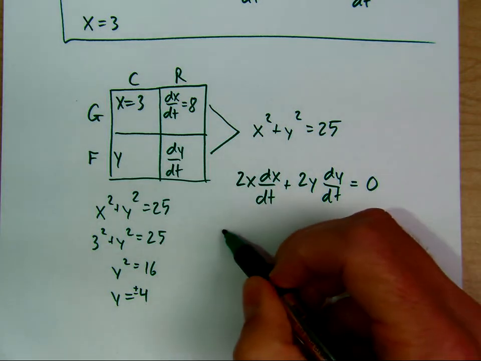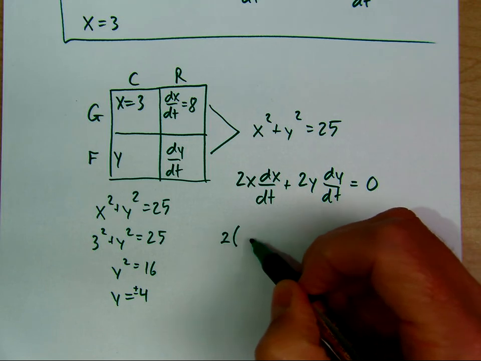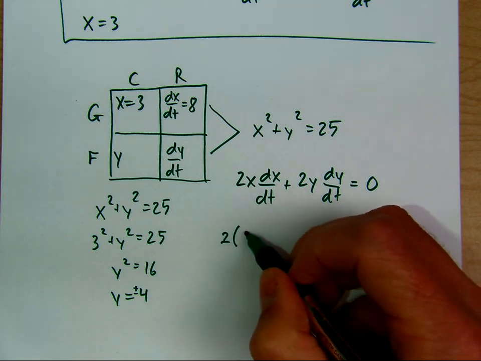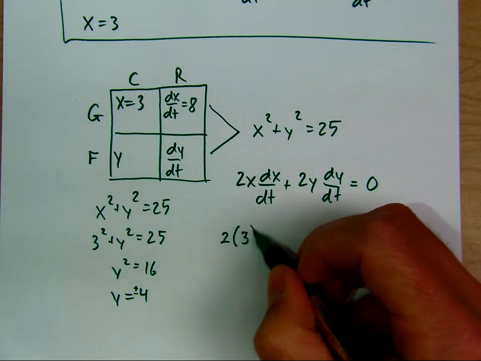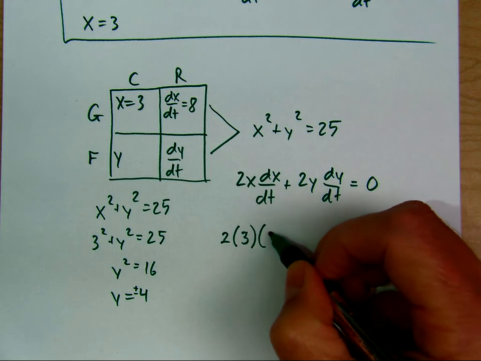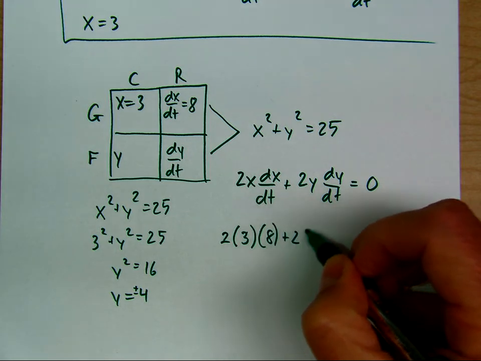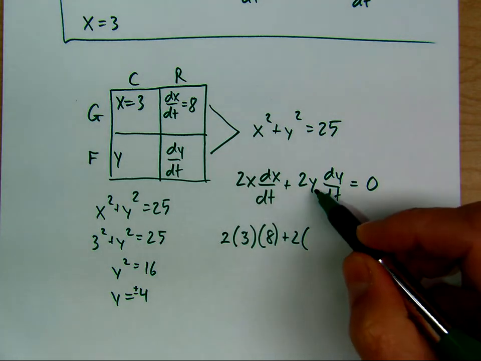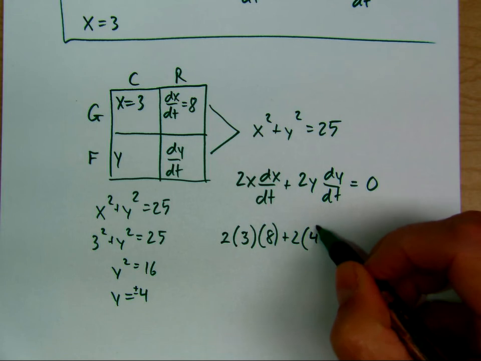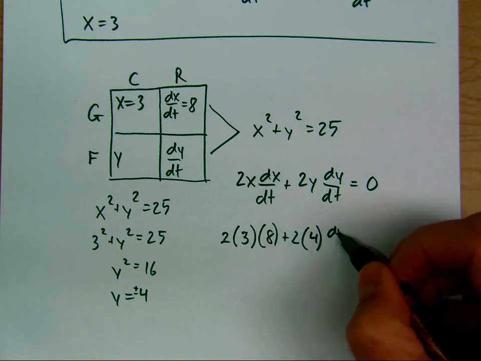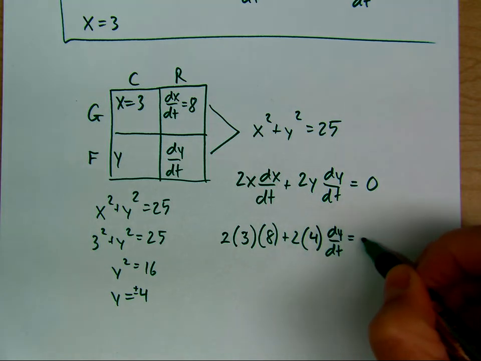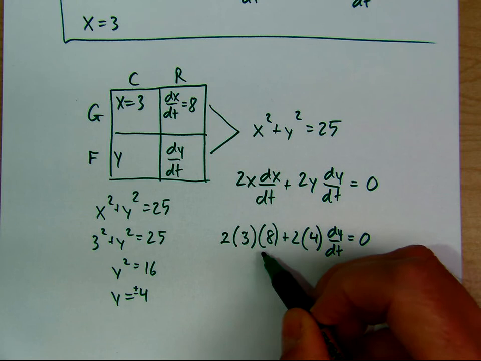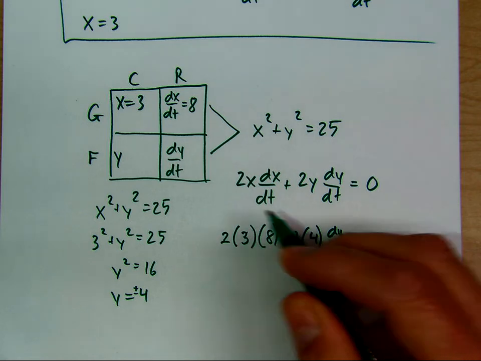And so we have 2, and x is 3. dx/dt is 8. And then we have y is 4, and solve for dy/dt. 24, 48.